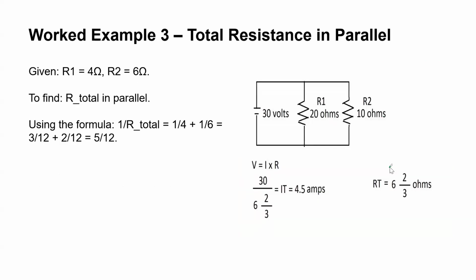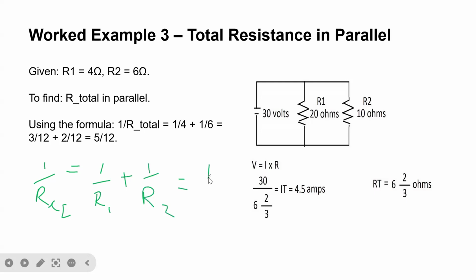Now a worked example. Given that R1 is equal to 4 ohms and R2 is equal to 6 ohms, we are to find the total resistance in parallel. To do that, we are going to use 1 all over R equivalent is equal to 1 all over R1 plus 1 all over R2. This will give us 1 all over 4 plus 1 all over 6.